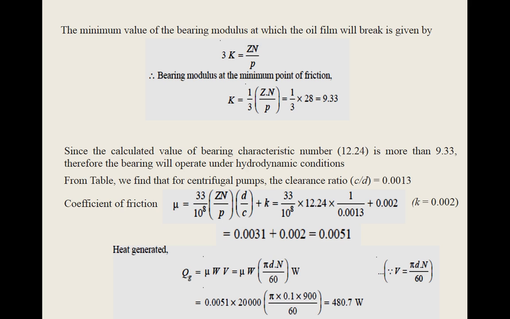The first step is to calculate the heat generated. Qg is equal to mu W V, that is mu into W into V, where V is the rubbing velocity, pi D N upon 60. After calculation, the heat generated is 480.7 watt.